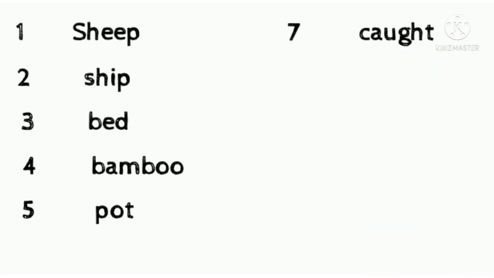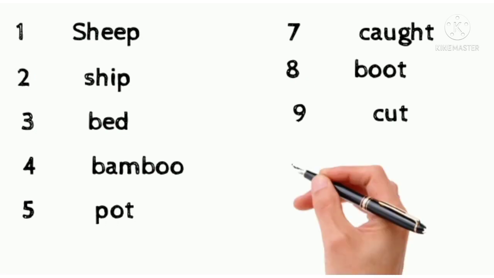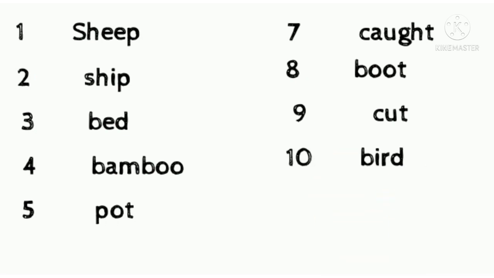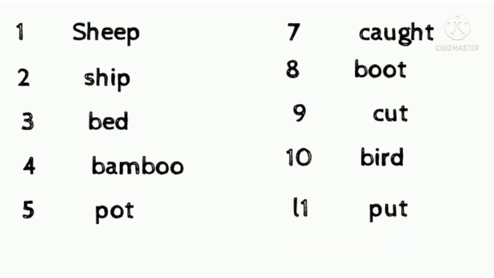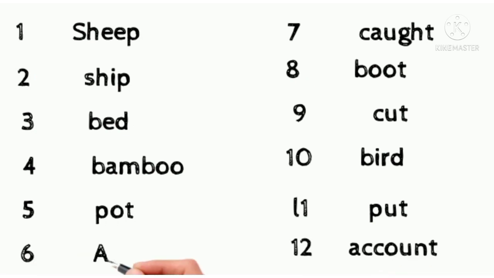The seventh word: I caught that ab, water, in a boot. Boot is the word here, and I cut the boot and gave it to a bird. Bird is the next word, and I put it in an account. We neglected the word ab, the sixth word. Let's write it here, ab.